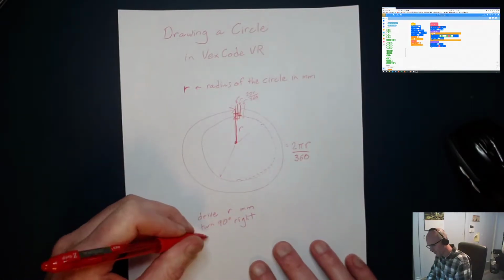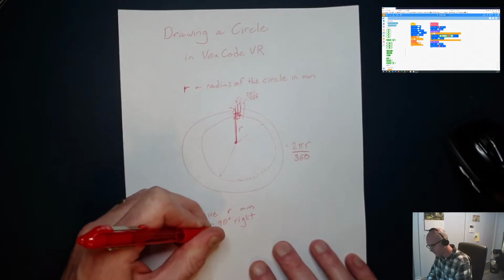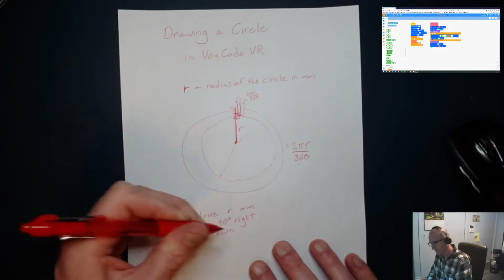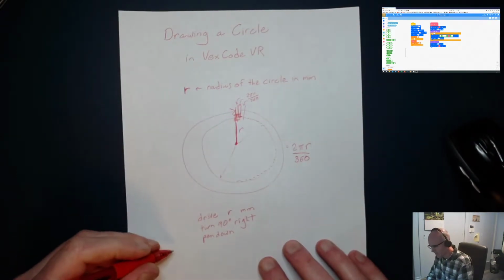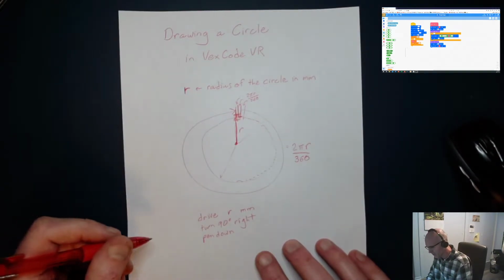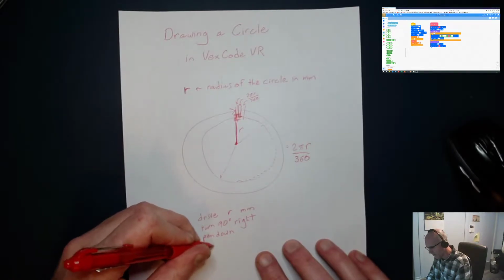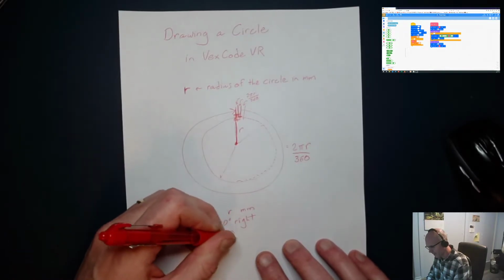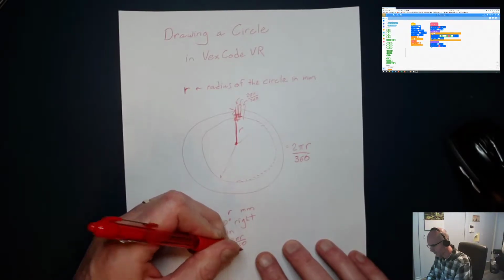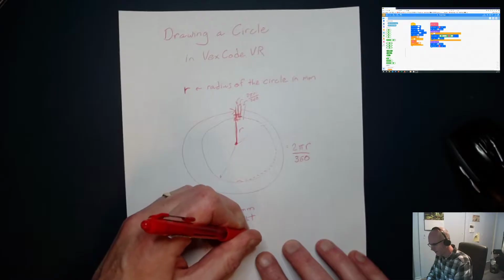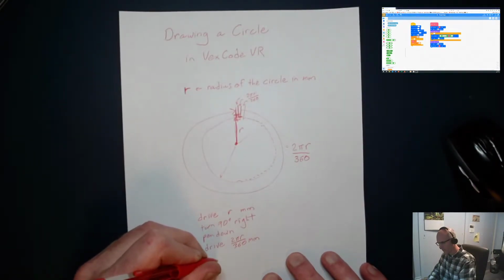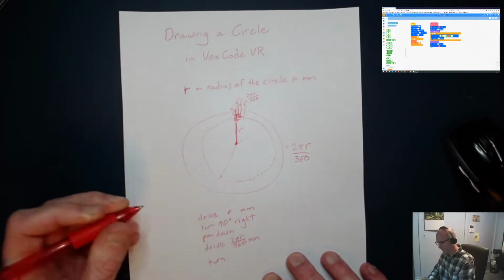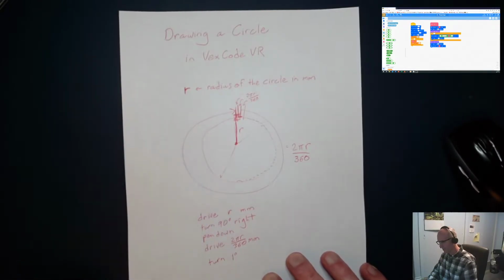So after we've turned, let's put our pen down. The robot pen, not my pen. And so that we start marking out our circle. And then what you're going to do is drive 2 pi r over 360 millimeters forward, and then you're going to turn 1 degree.